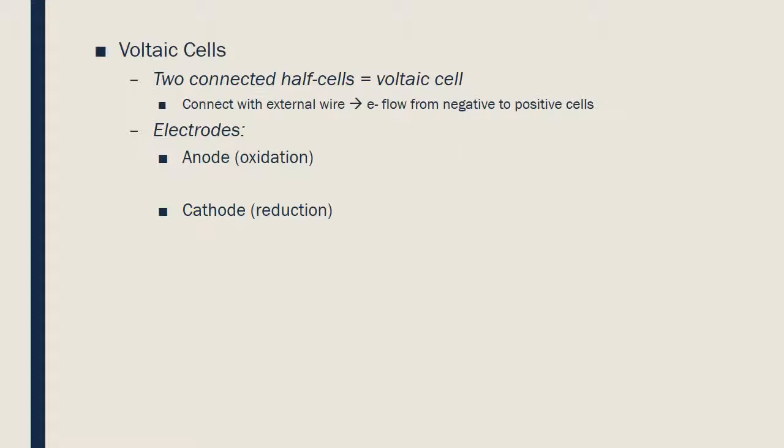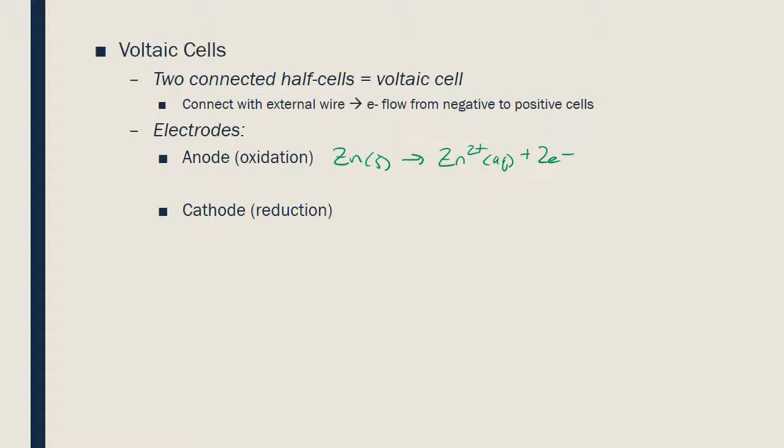Anode is where oxidation occurs. So if we're looking back at the zinc and copper example on the previous slide, zinc, and you can go back and look at 9.1, is more reactive than copper. So zinc is going to have the capability to become oxidized so that it is in its ion form, and it's going to release electrons.